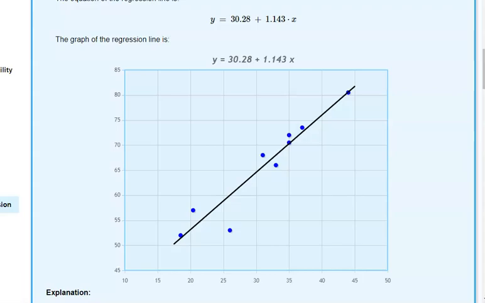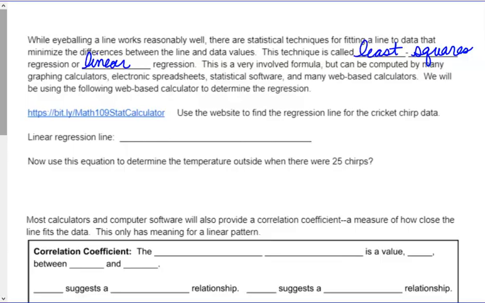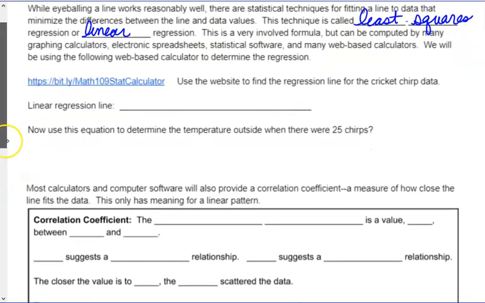So when we go back to our notes, the linear regression line that we were given, I'm going to do it in the y equals mx plus b form, okay, is y equals 1.143x plus 30.28. And that is saying that's the ideal line for the data that was entered.